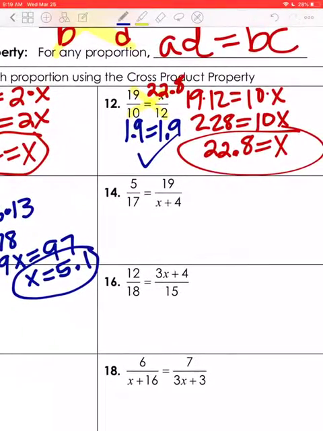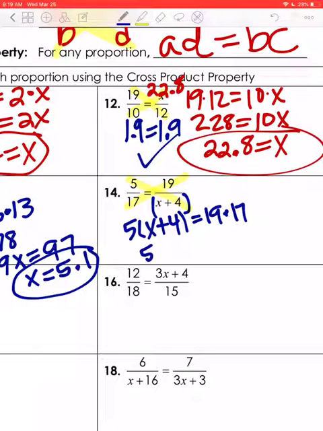Number 14. So group it up again, the x plus 4, because it's a binomial. So I will have 5 times x plus 4 equals 19 times 17. That gives me 5x plus 20 equals 323.